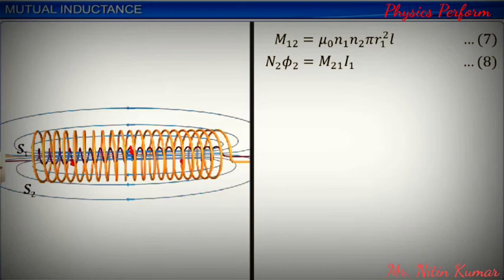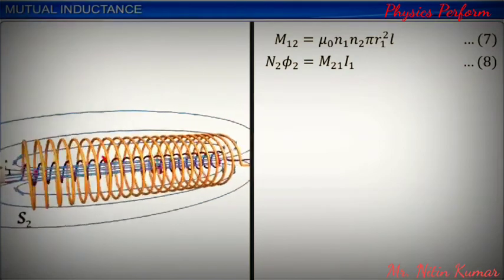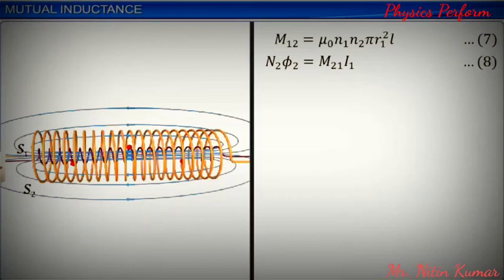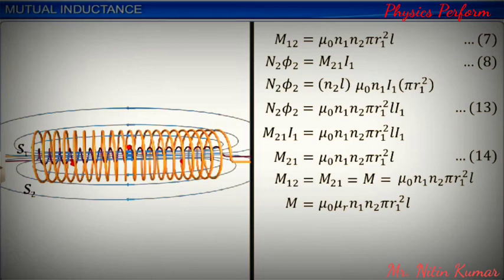If the medium within the solenoids has relative permeability mu r, then M is equal to mu naught mu r N1 N2 pi R1 square L. This equality M12 is equal to M21 holds good for long coaxial solenoids and is far more general.